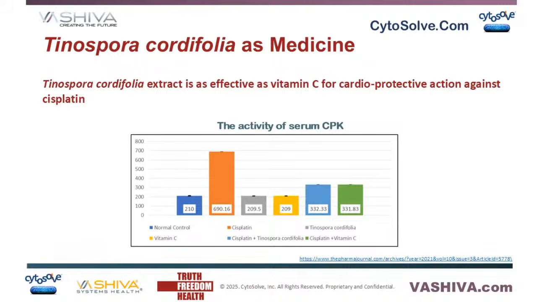However, co-administration of T. cordifolia, 332.33, or vitamin C, 331.83, with cisplatin substantially reduces CPK activity, bringing it closer to normal control levels. These results suggest that Tinospora cordifolia offers strong protection comparable to vitamin C, mitigating cisplatin-induced heart damage.